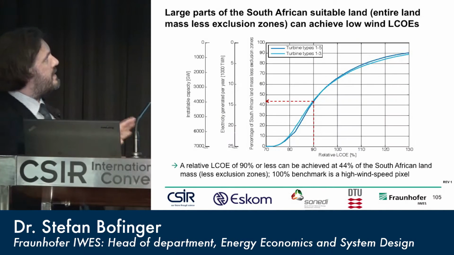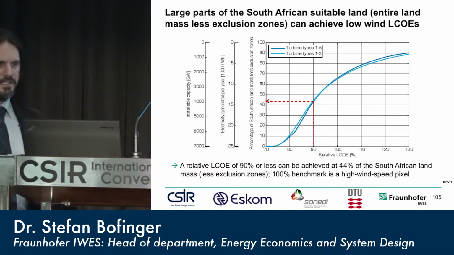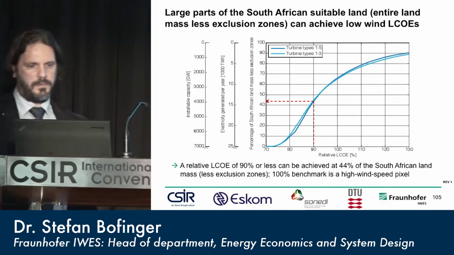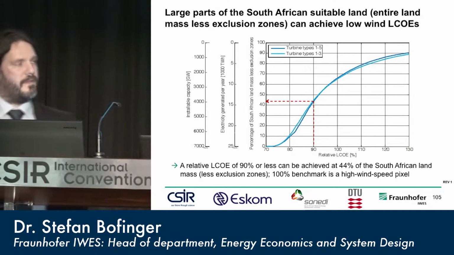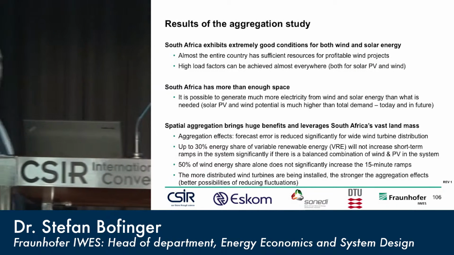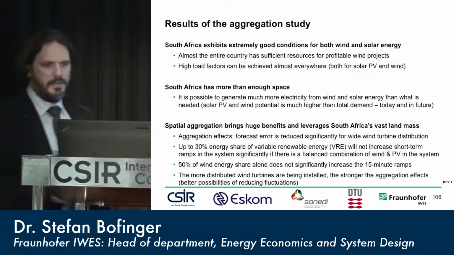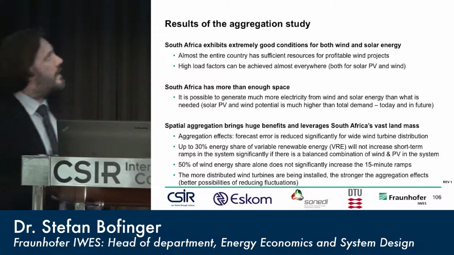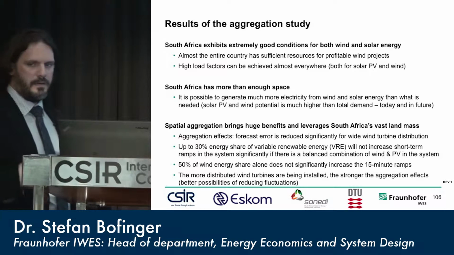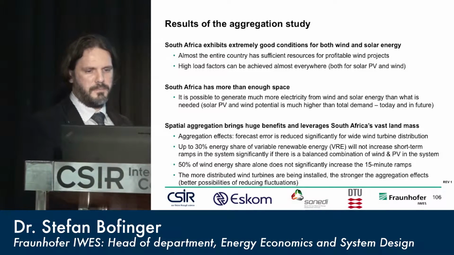So the results, just for the slides I presented: in South Africa you have enough space and extremely good conditions, nearly in every place you can have good viable projects.